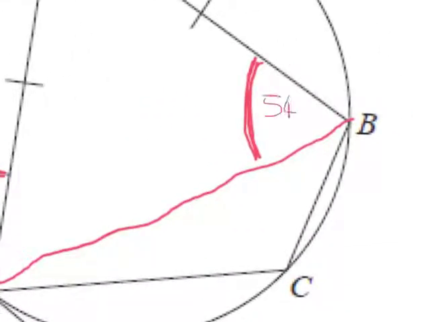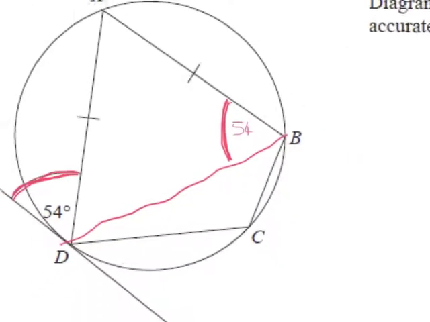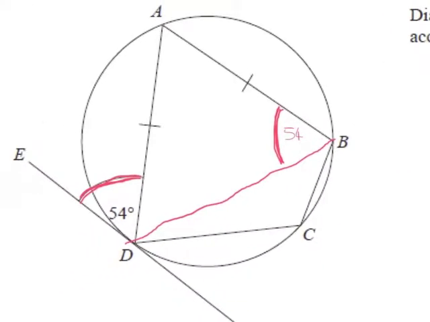We do need to say the rule. We'll come to that in a second. Okay, so that's 54. We can also see from these lines here, these are two equal length lines, which means it's an isosceles triangle, which means that this angle here is also 54, which means that this angle here would be 180 take away 108, which is 72.